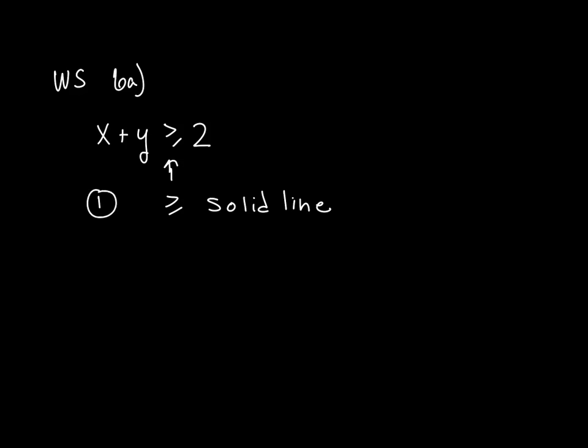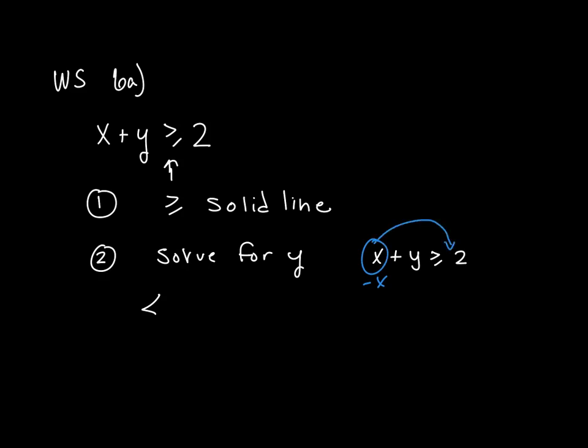The second step is going to be solve for y. So how I solve for y is I start with x plus y is greater than or equal to 2. I subtract x from both sides. But remember, when you're subtracting x, it goes in front of the 2.